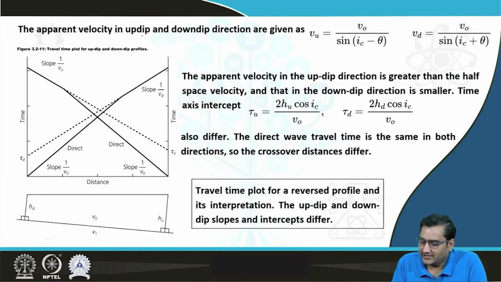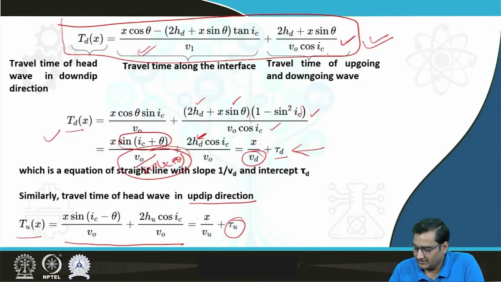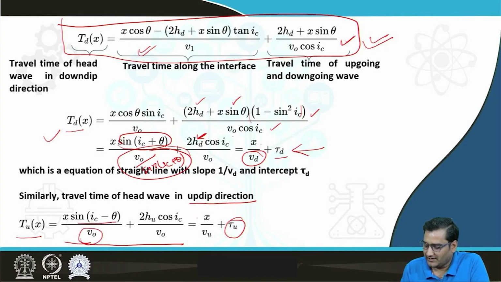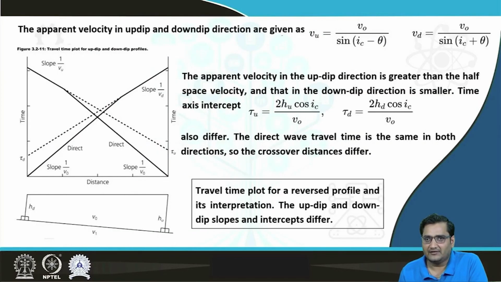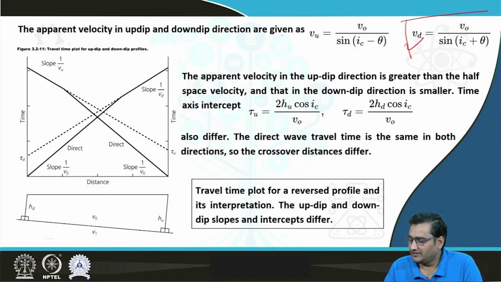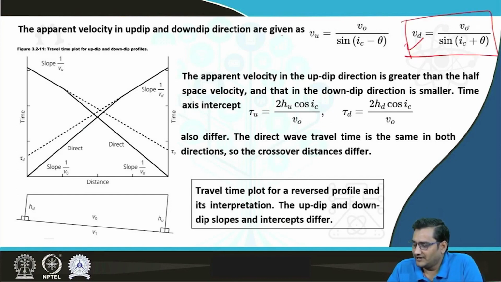The apparent velocity in the up dip direction and down dip direction can be written like this. You can look at these expressions. You can easily see that V naught by sin(IC minus theta) will be the apparent velocity in the up dip direction. Likewise, for the down dip direction, the velocity will be V naught by sin(IC plus theta).